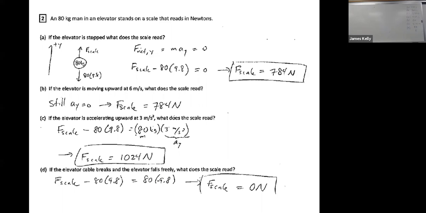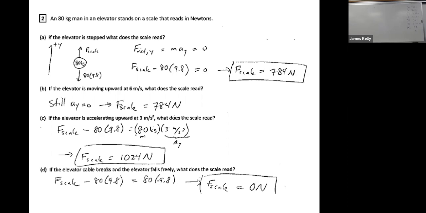Choose your plus Y to be down or up? I chose my plus X, plus X to be up, yeah. All these, I believe, are phrased in such a way that you should be able to answer the same number even if you chose plus X up or down.